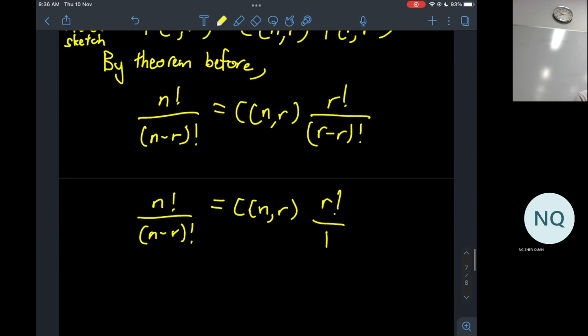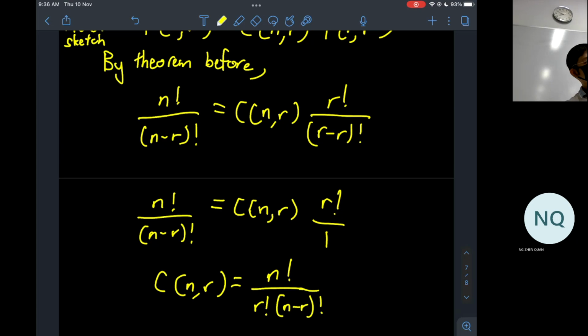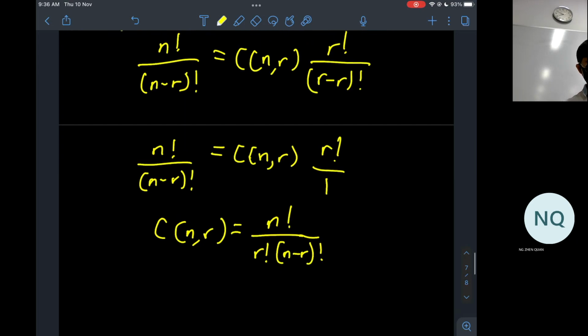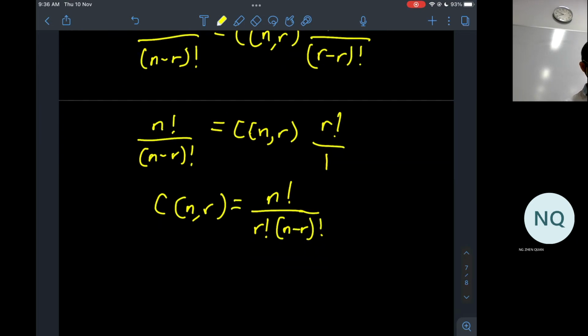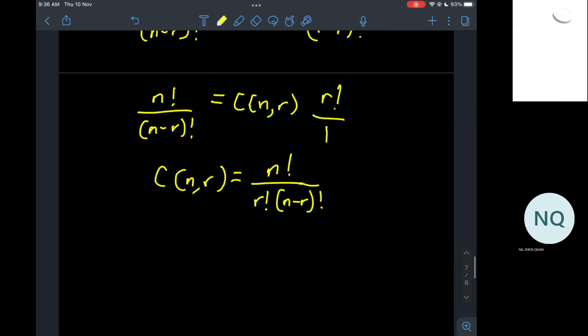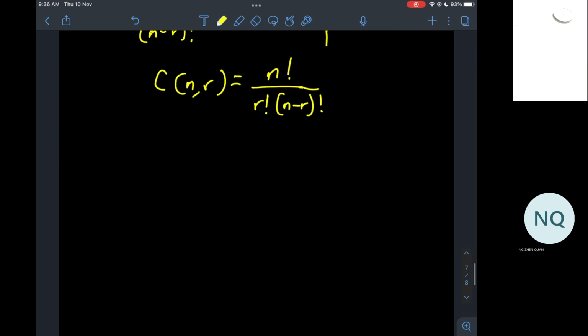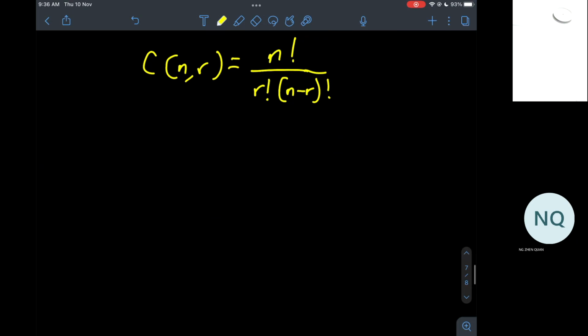So C(n,r) is equal to n factorial over r factorial times (n minus r) factorial. Okay? So next, if you stare at this formula long enough, there's one thing you can observe.